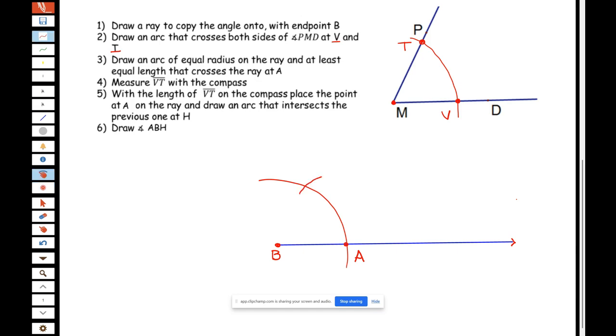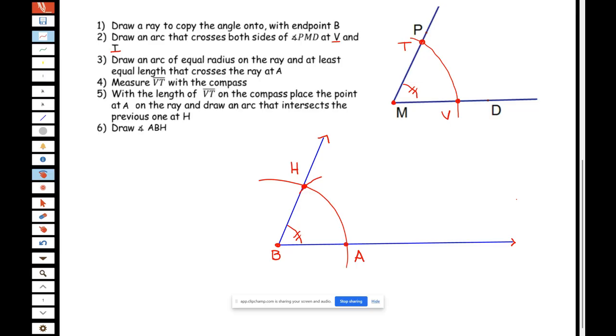So A is the center of a circle, just like over here, V was the center of the circle going around there. Wherever that goes through, that's where my ray is going to go to make those angles congruent. So this is going to be point H. Angle ABH is now congruent to angle VMT over here, so I can mark them congruent. And that is how you copy an angle.